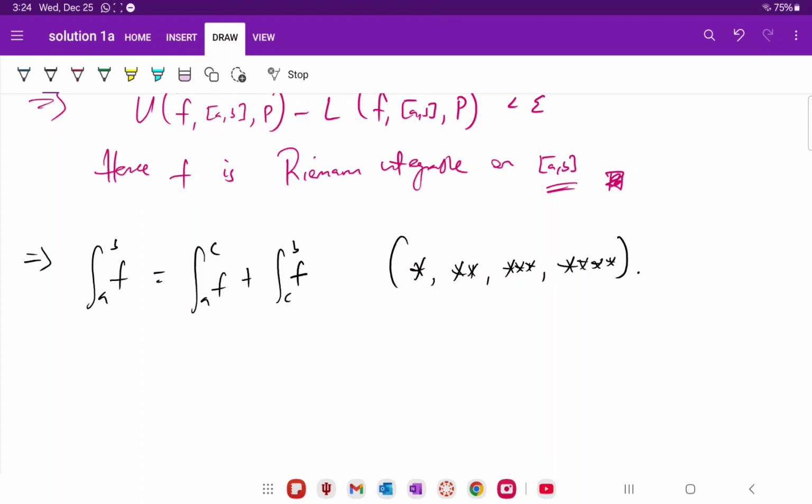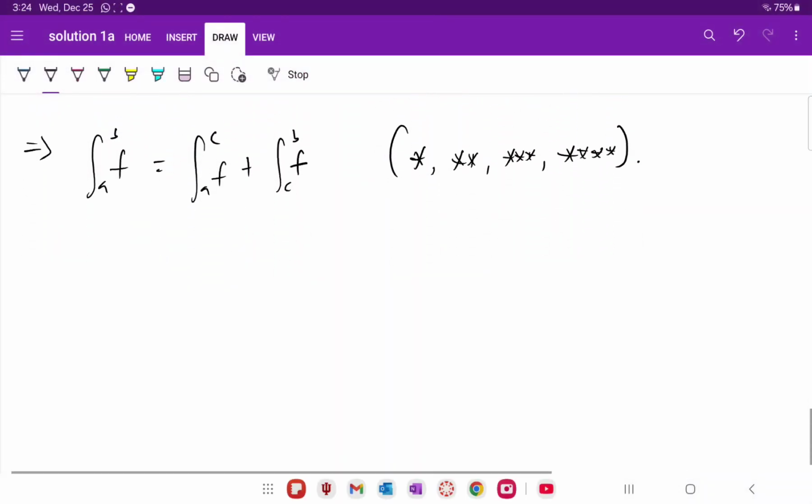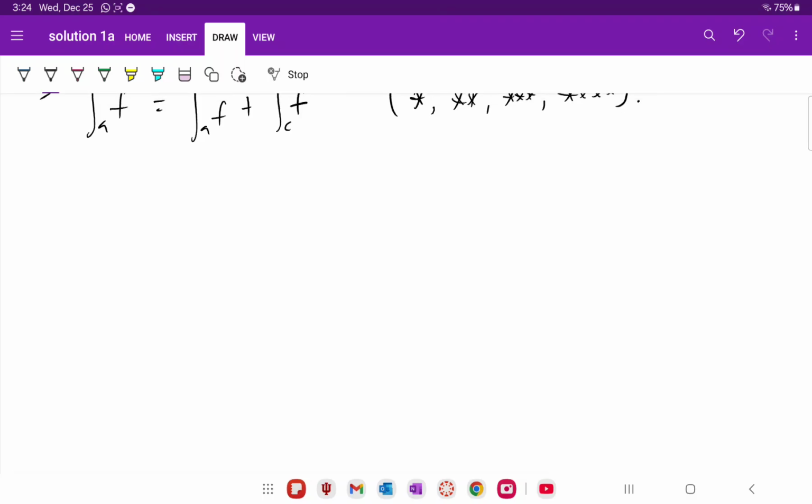Okay, so let's check one more question. That's question 11. Suppose f from [A, B] to R is Riemann integrable.